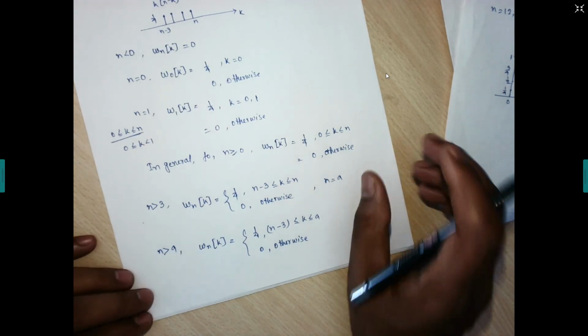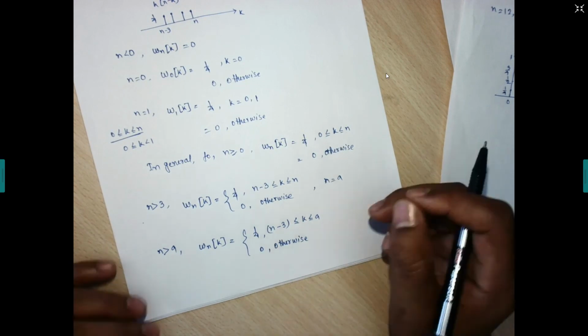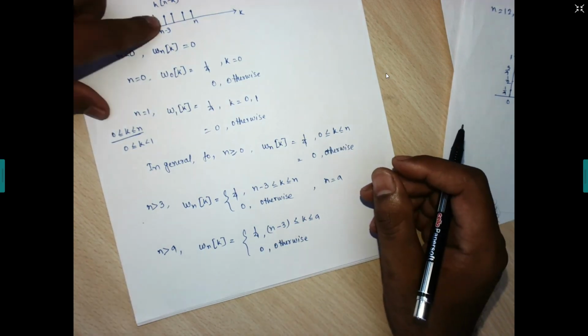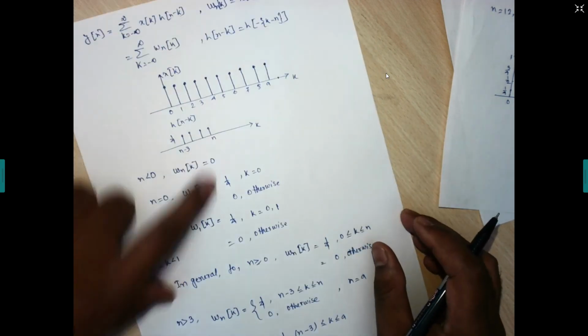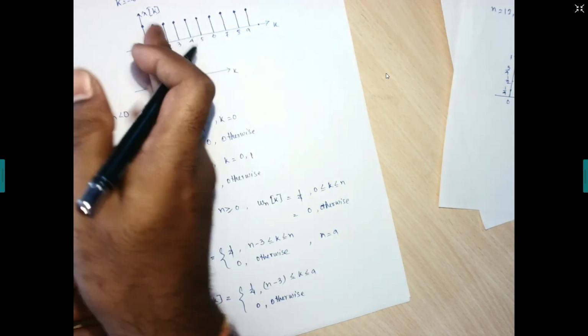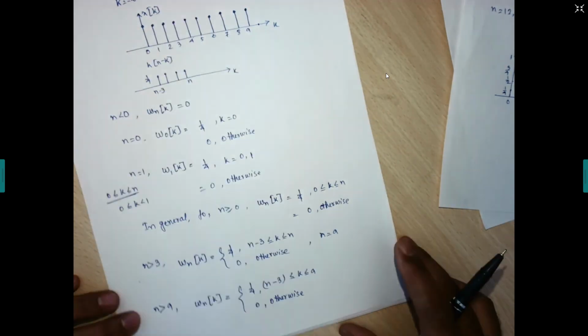But still we have the 4 samples which can have the mapping on h of n minus k, because the xk range is quite a bit higher than this h of n minus k. So if you move beyond n equals 3, though we leave behind some samples on the left-hand side, we still have the full overlap.